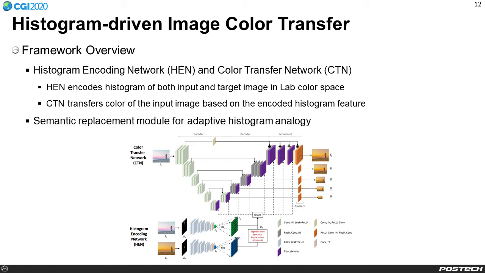Given the encoded histogram features and the input image, CTN transfers the color of the input image into the target color space. Also, our model handles weak relevance image pairs with a semantic replacement module, where the local encoded histogram is placed according to the semantic correspondence between the input and the target image.